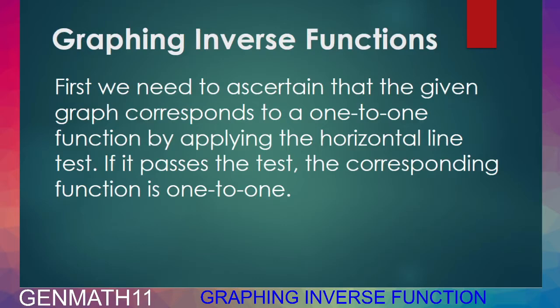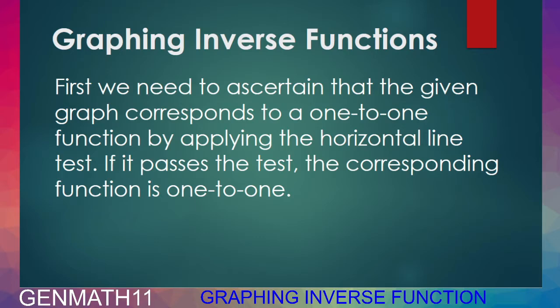Okay, so in graphing inverse functions, we need to ascertain that the given graph corresponds to a one-to-one function by applying the horizontal line test. If it passes the test, the corresponding function is a one-to-one function. Na-discuss na naman natin yung one-to-one function, di ba? A function is a one-to-one function if and only if it passes the horizontal line test and the vertical line test.